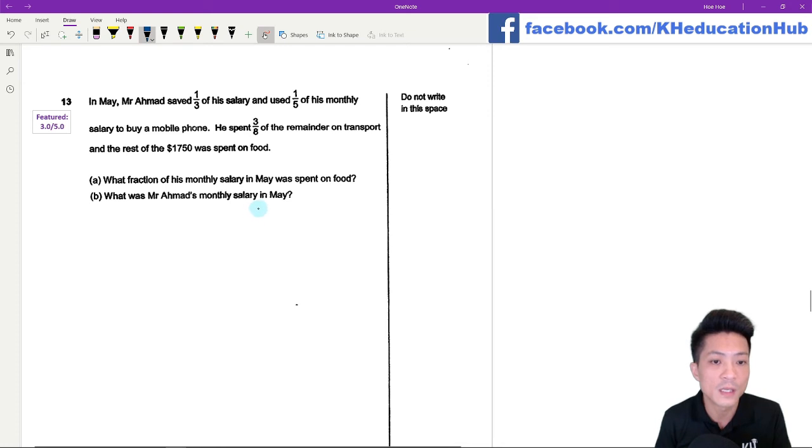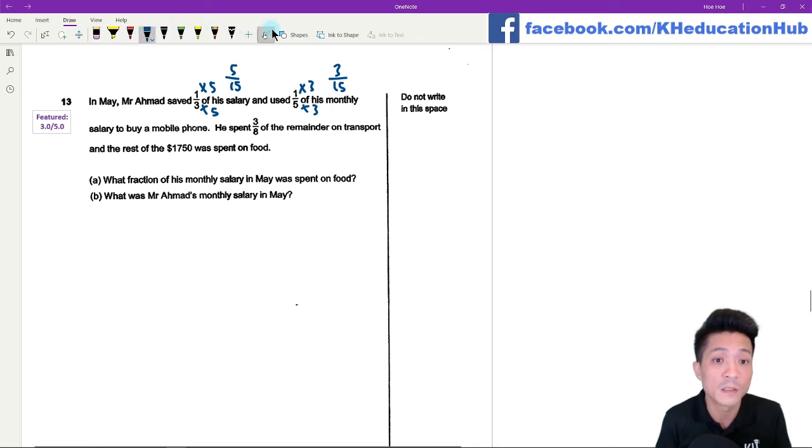In this case, let us find out the common denominator of 1/3 and 1/5. That will help us. So the common denominator will be 15. This will become 5/15. It will become 3/15.